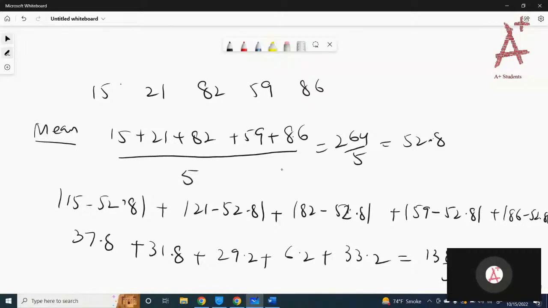That means the mean absolute deviation, MAD, is 27.64. Got it? So the correct option is 27.7. Select the correct option and click on the OK button.